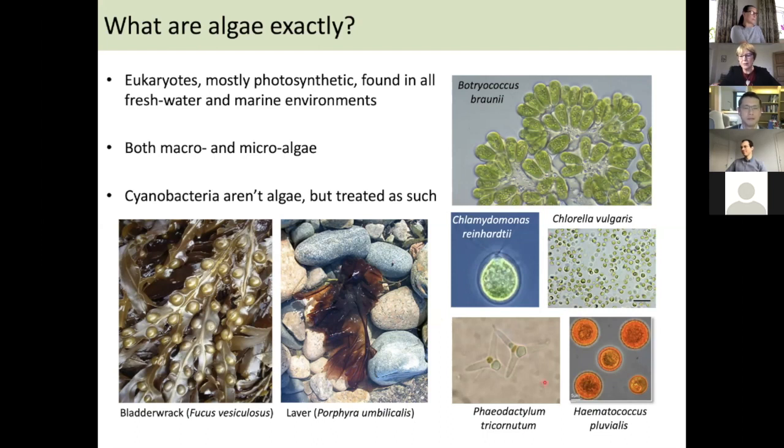Even though to you, or to engineers, they might look very similar, small cells, this organism here is a diatom, and this is a green alga. And these are more dissimilar to one another than we are to fruit flies or indeed fungi. So you have to think of them as not just one category.